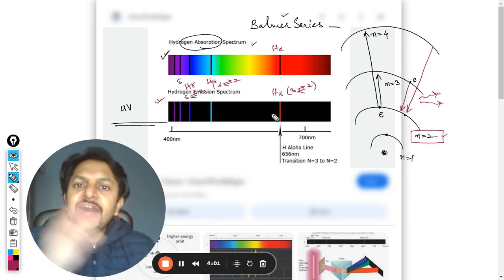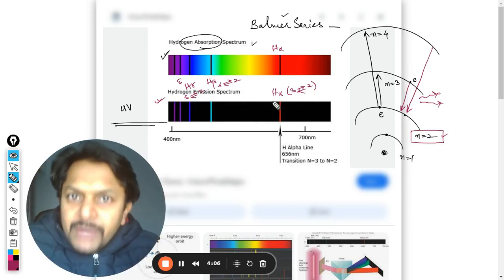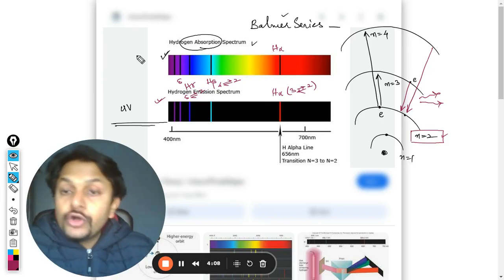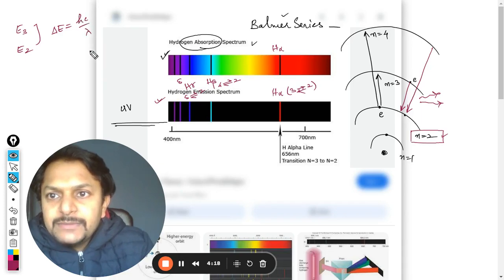So this is how they are arranged, and according to all the formulas given by Balmer and Bohr, you find the energy for shell number 3, then you find energy for shell number 2, and then you subtract, you find delta E, and you equate it with hc by lambda.